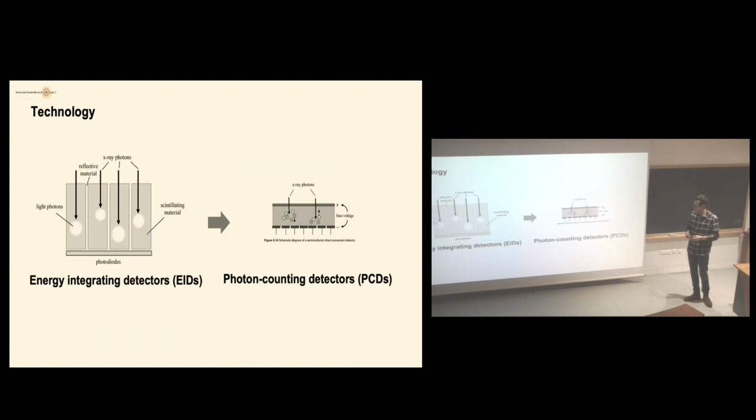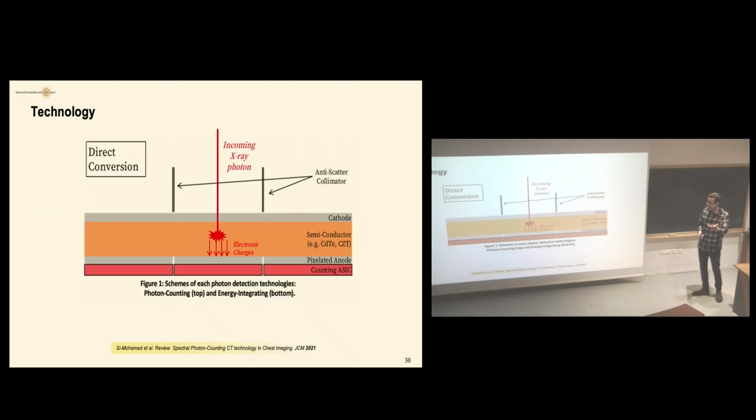So what are energy resolving capabilities and how can we achieve them? These new detectors, called photon counting detectors, are made of small compound semiconductors that can directly convert the incoming X-ray photons into electronic charge. This is important because they have energy resolving capabilities. They count the energy of each photon.